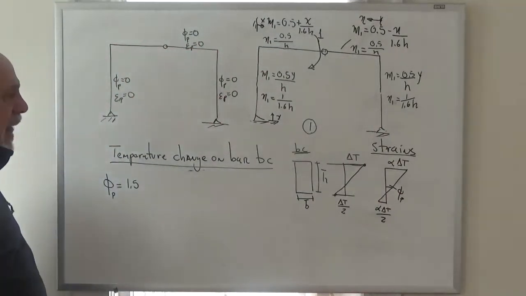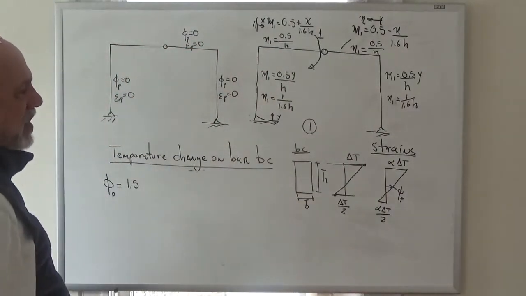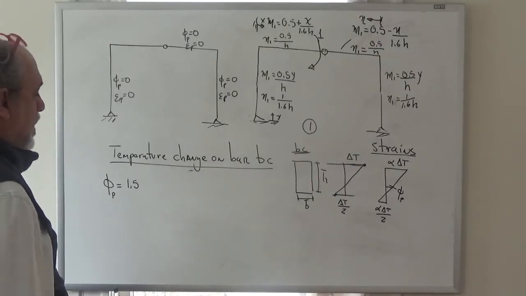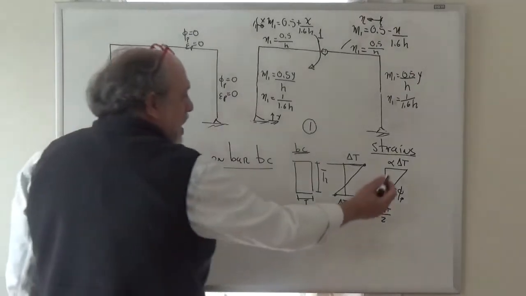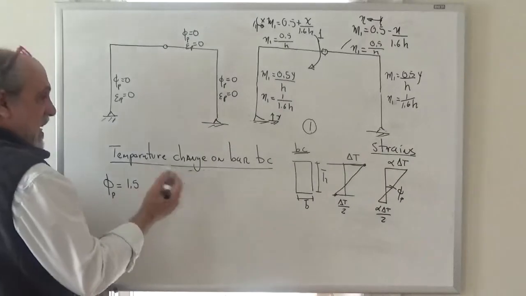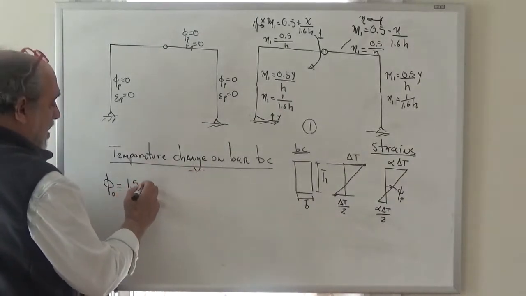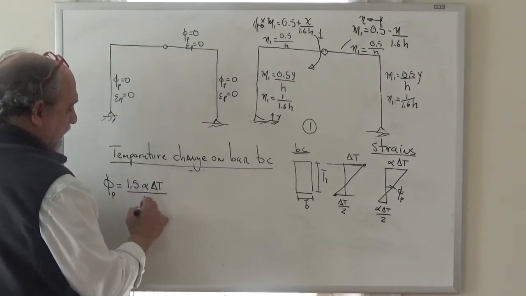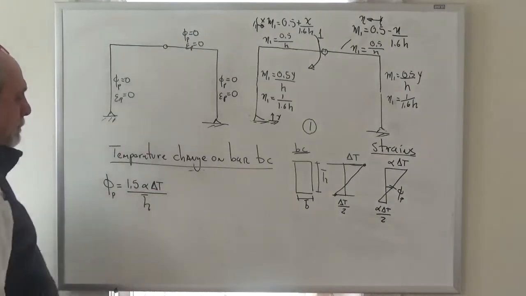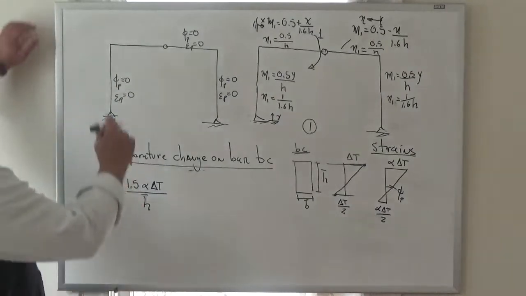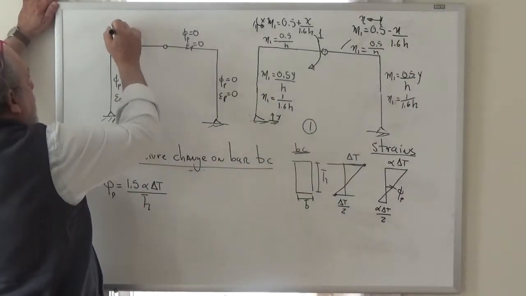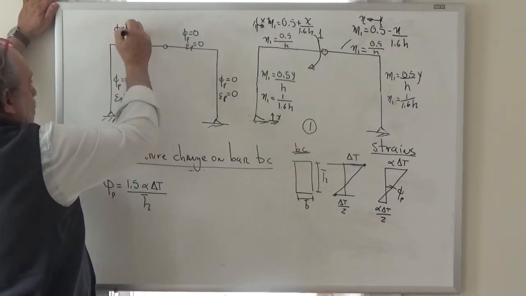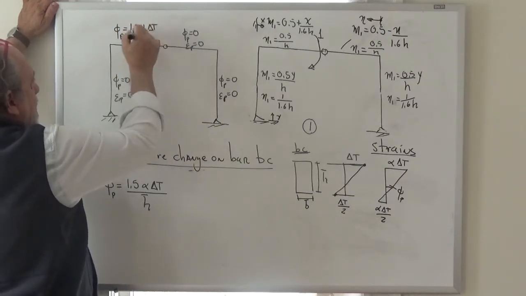And since it's a small angle, it's the same as the tangent or the sine or whatever you want, and you can easily see that it is equal to 1.5 alpha delta T divided by h bar. Okay? So we know that the temperature here produces a curvature of 1.5 alpha delta T divided by h bar.